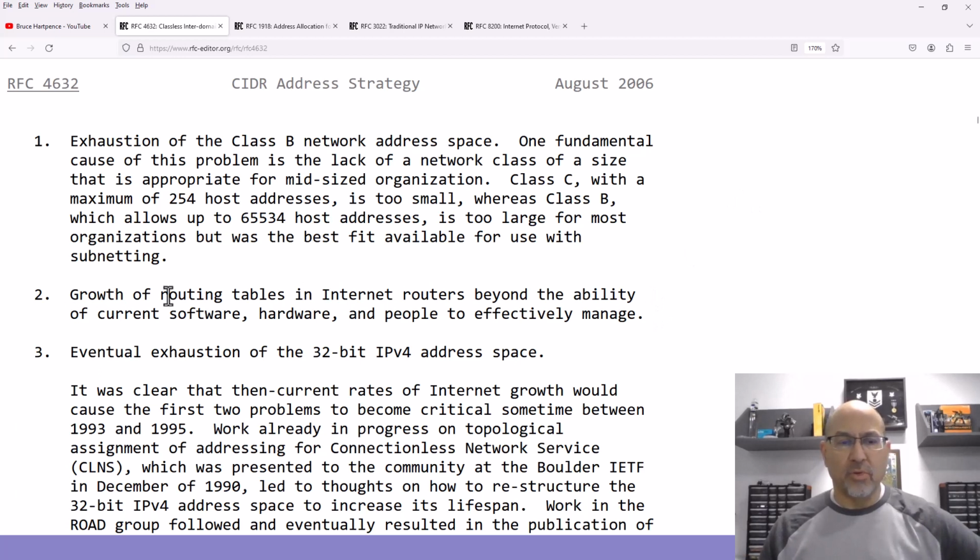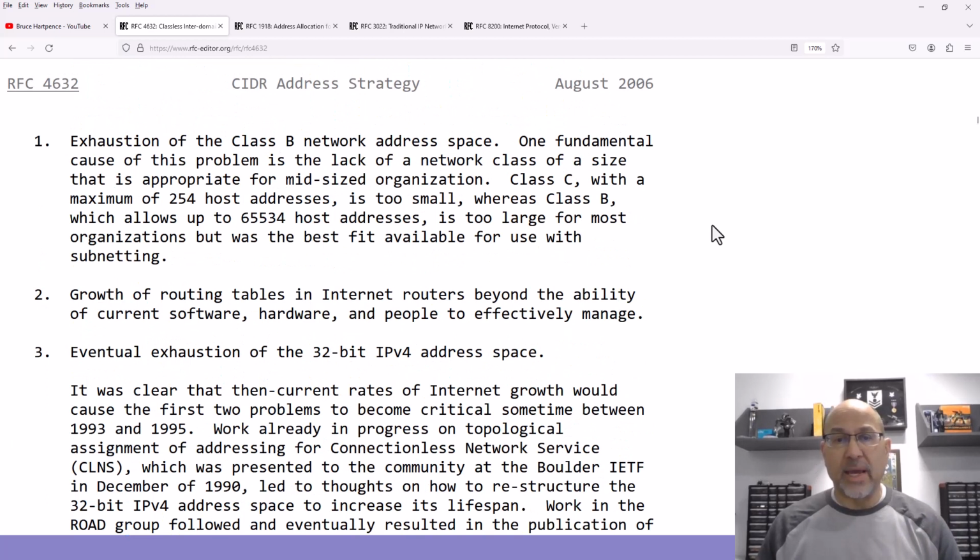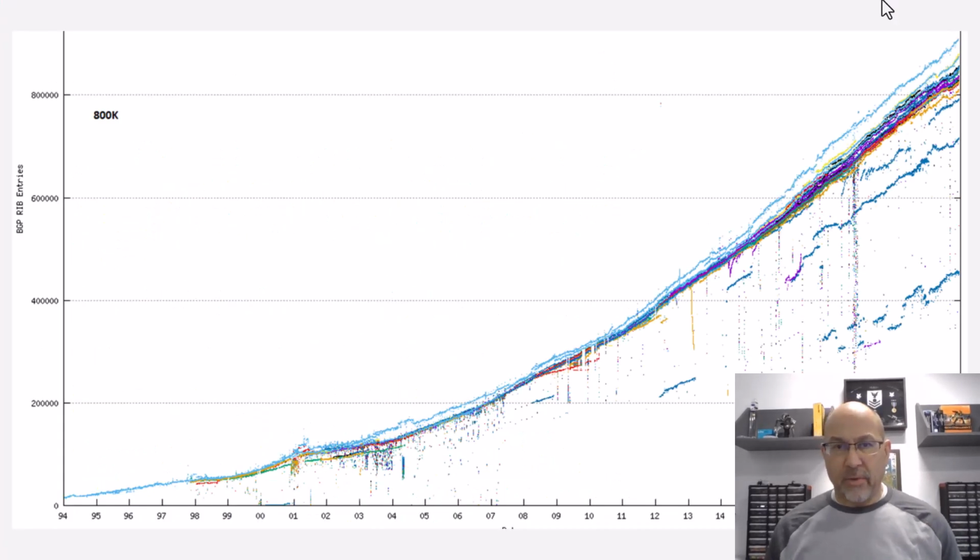Problem number two, the growth of the routing tables on the internet. And then finally, we were eventually going to run out of all addresses. So those are our three problems that were pointed out by the ROAD, and we see them written down in RFC 4632. Okay, well, here is that internet routing table size. These are core internet routers.